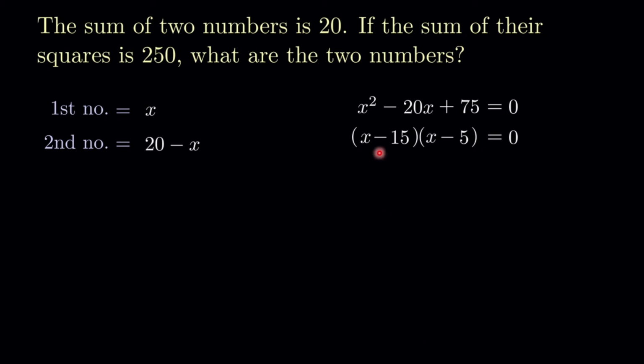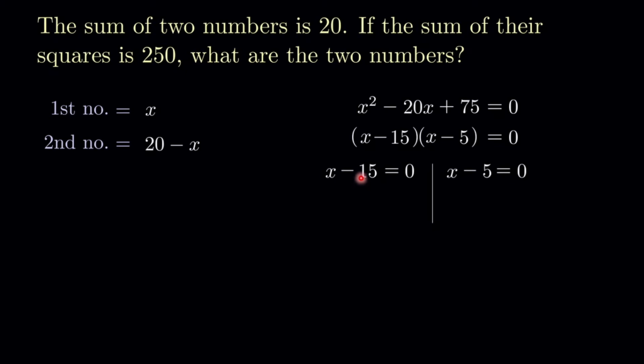Next, we set each factor equal to 0. So x minus 15 equals 0. And the other factor, x minus 5, we also set equal to 0. So, let's solve these two cases. Here, x minus 15 equals 0.